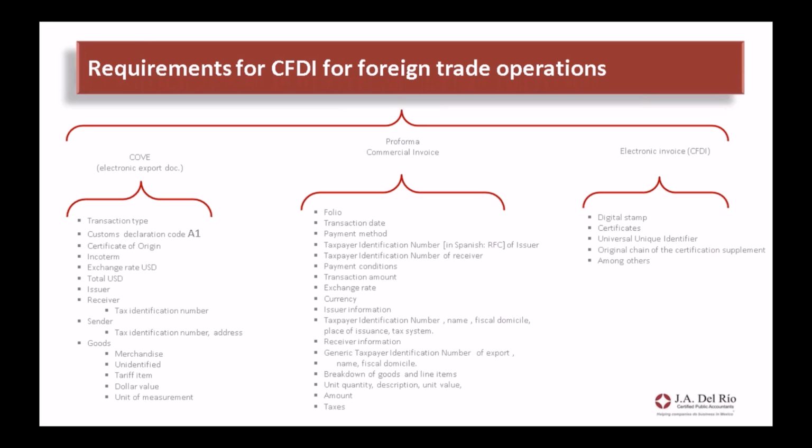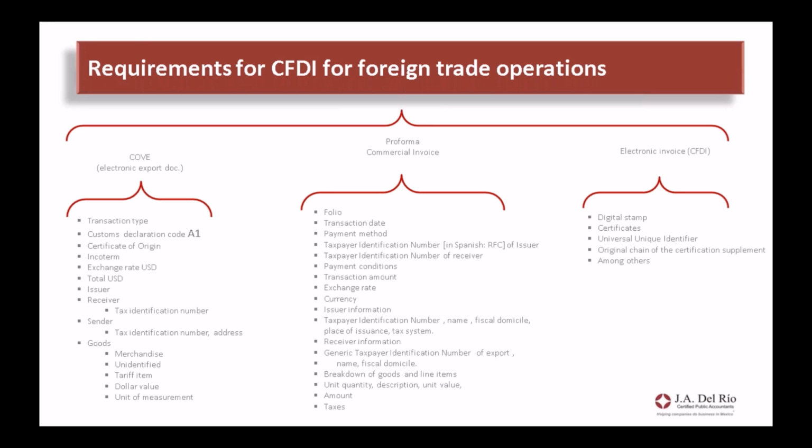You can see that it requests transaction date, payment method, the tax ID of the issuer, the tax ID of the receiver, etc. And on the side of the electronic invoice, you can see that they request your digital stamps. It requests your certificate, your electronic seals, etc.